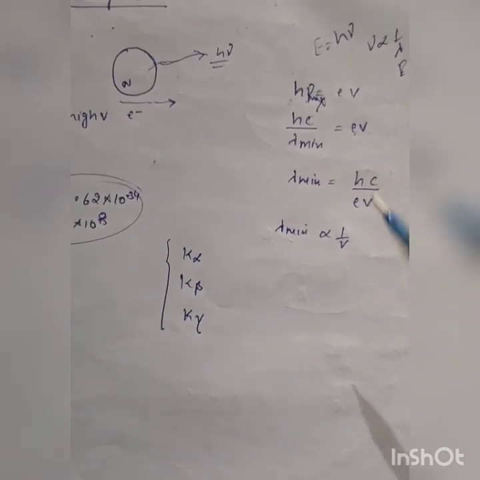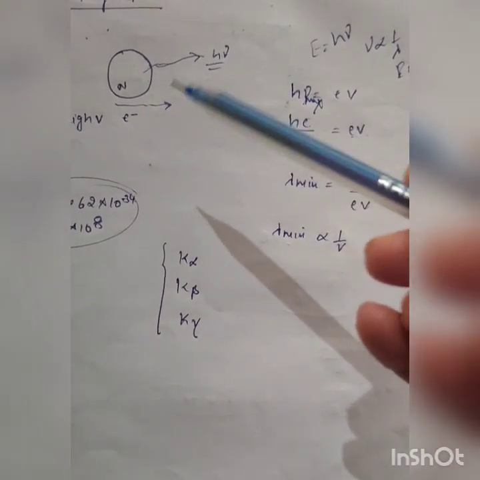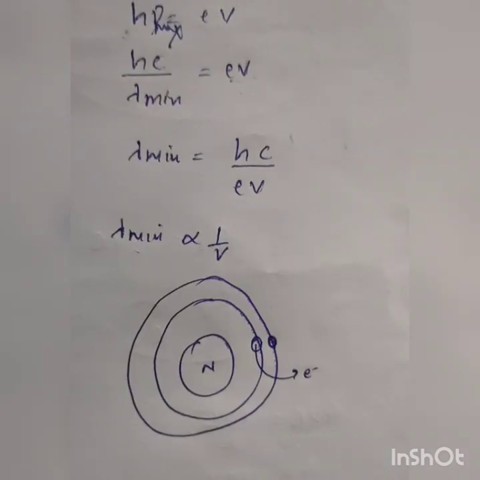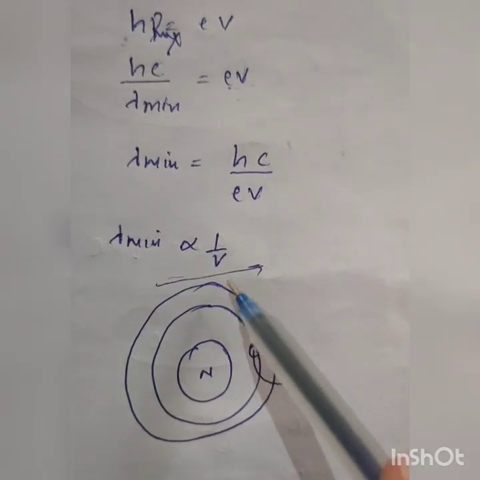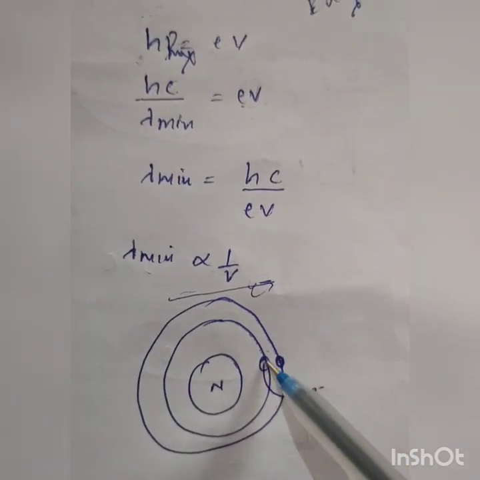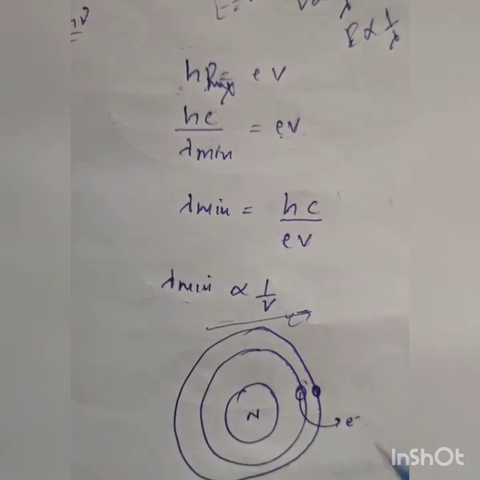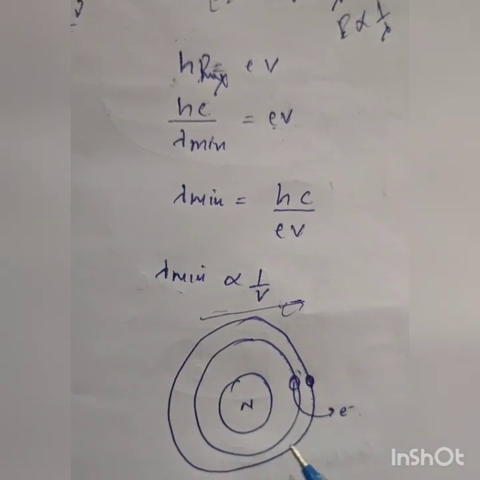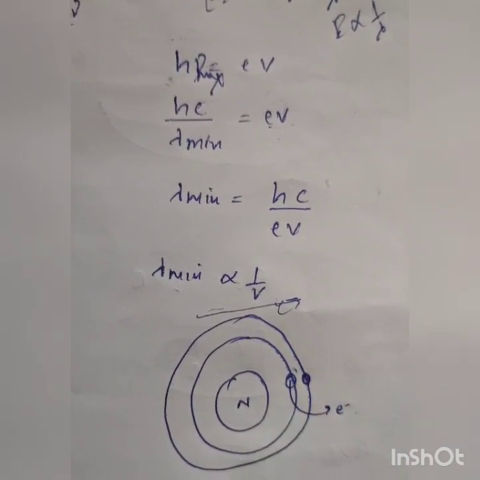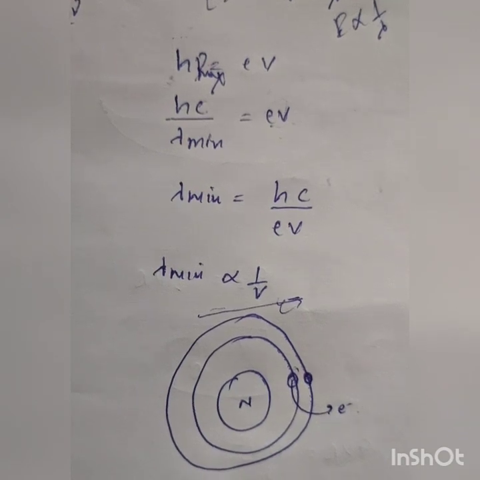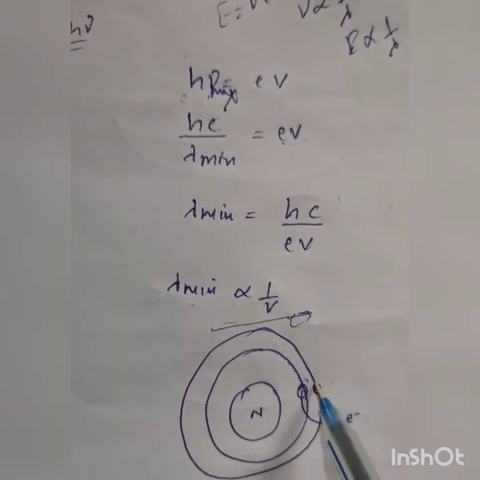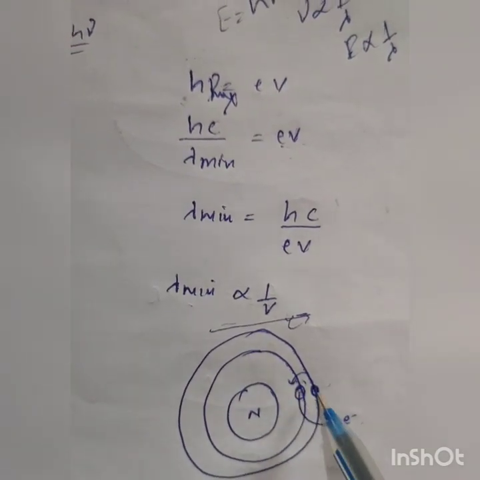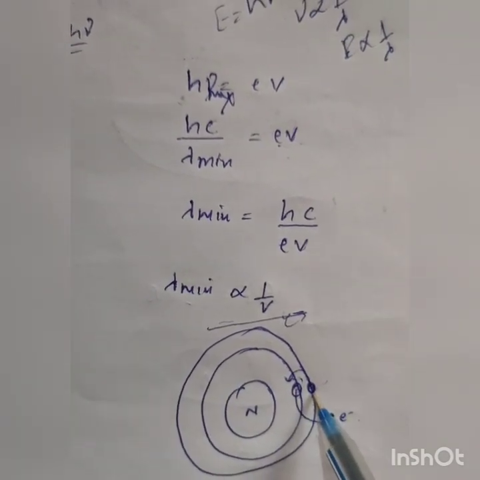Then the electron goes out and a vacancy is created in this orbit, and this vacancy is filled by an electron from a higher orbit.